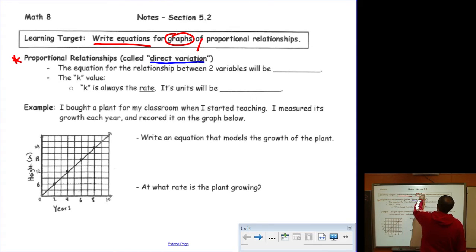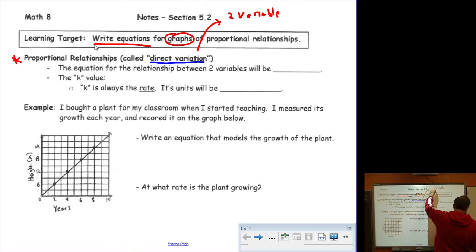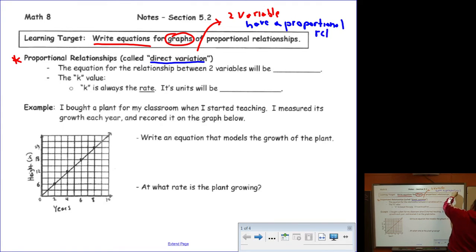You might say that two variables have a proportional relationship, or you might say that two variables vary directly.